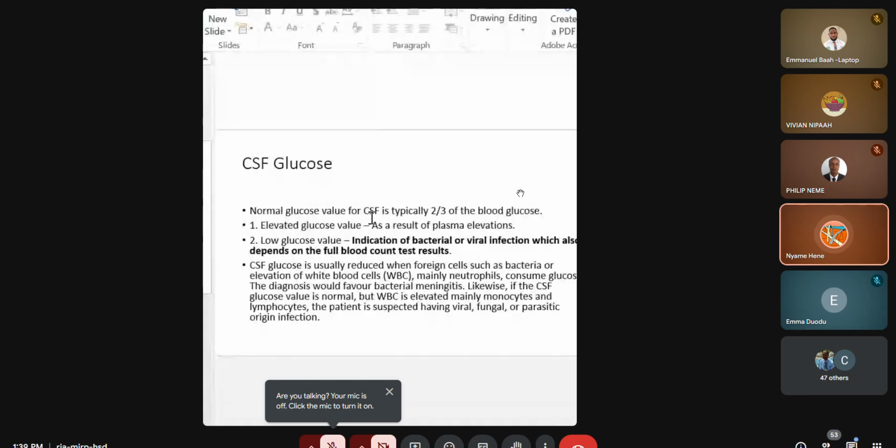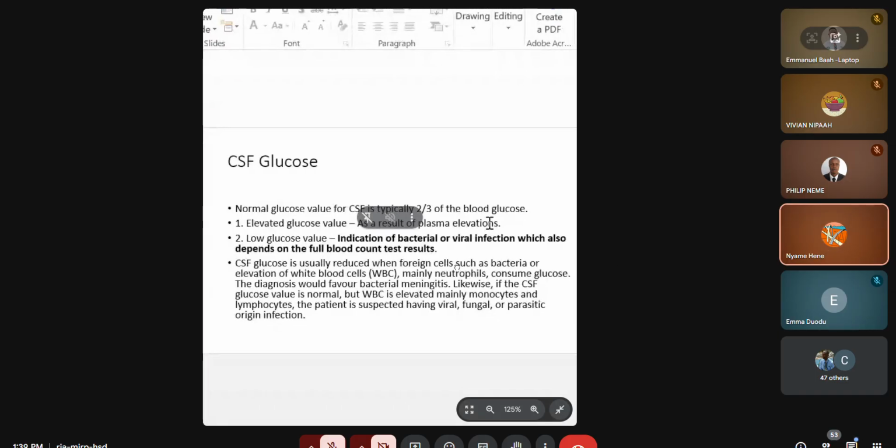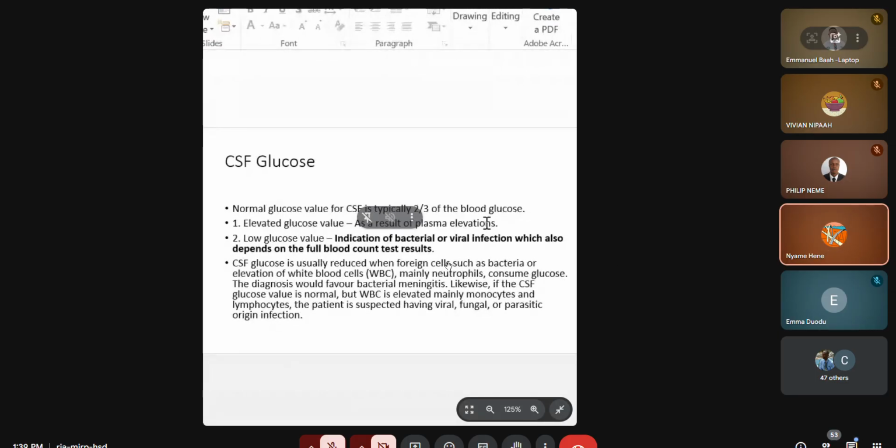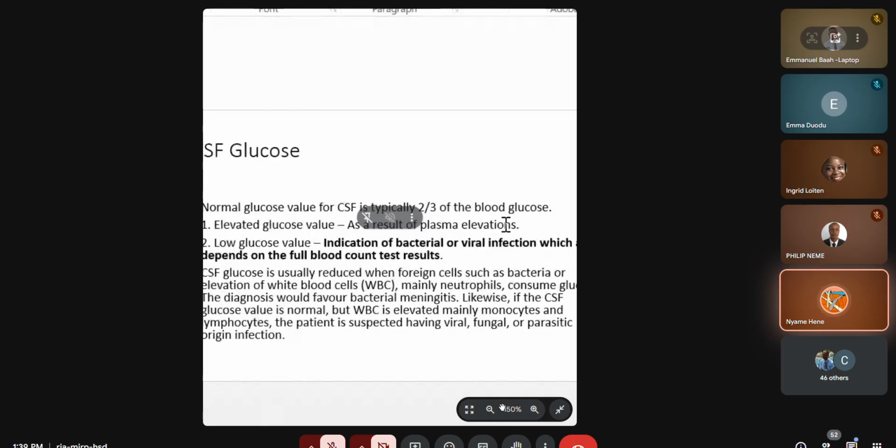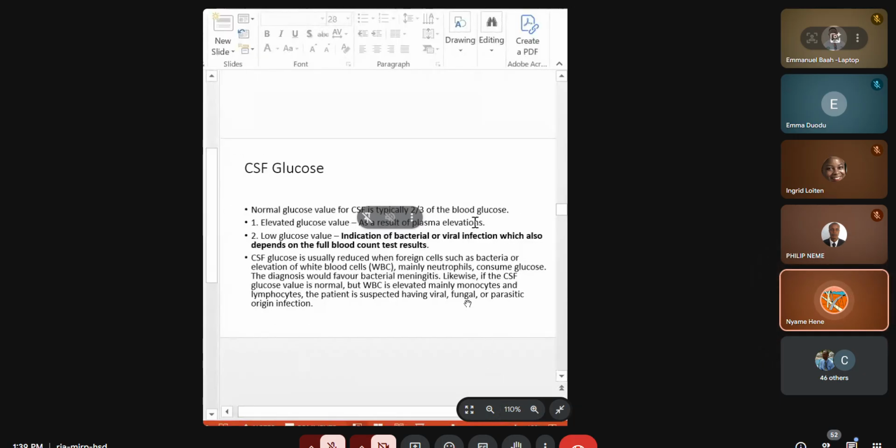Normal glucose value for CSF is typically 2/3 of your blood glucose. So we are saying that of the glucose that you take in, the brain uses about 2/3 of the glucose in the blood. That is why when you are hungry, you feel dizzy. Your brain is not working very well.